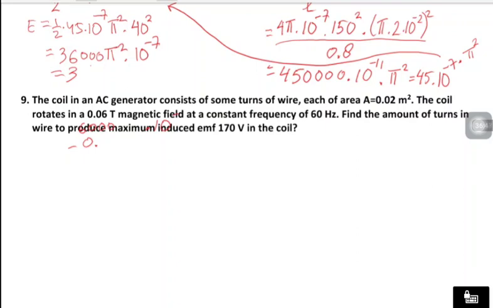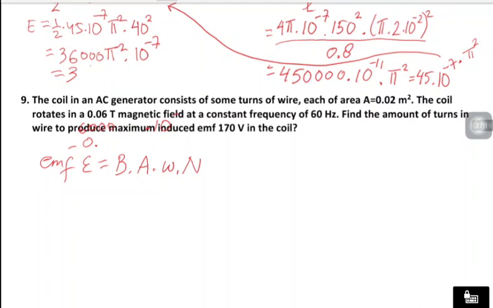This generator has a formula to find electromotive force: EMF equals B magnetic field times A area times angular velocity omega times N amount of turns.